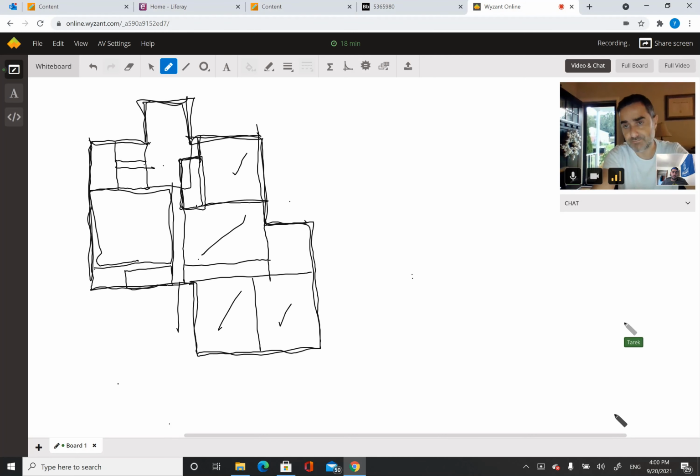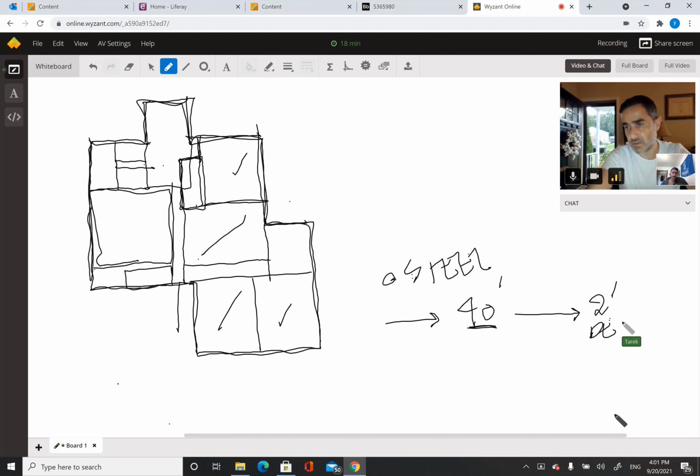If you're thinking about steel, you can do spans up to 40 feet. For that type of span, your beam depth is about 2 feet deep, minimum.